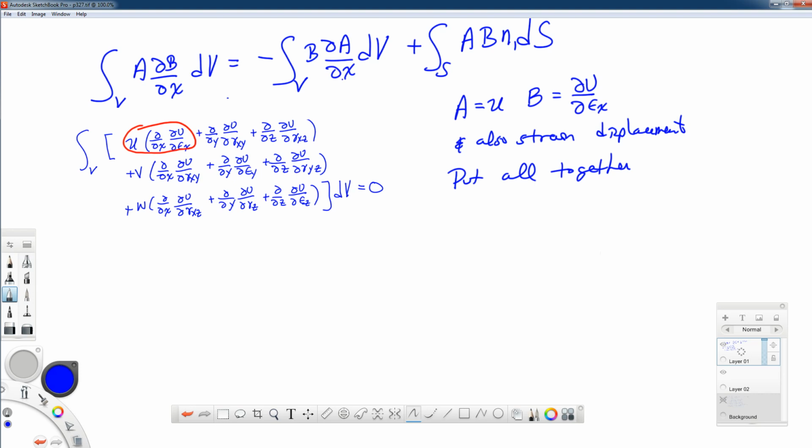They each give a contribution to a volume integral and a contribution to a surface integral. And then, like I said, along with the strain displacement relations, we're going to get a big expression. And I'm going to take my chances here and assume that I can write this all on one page.